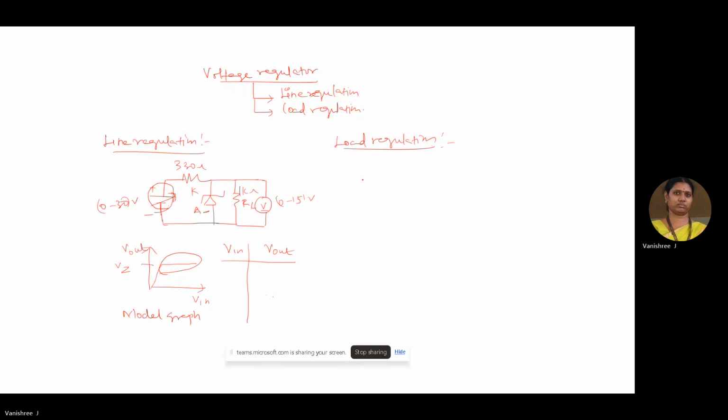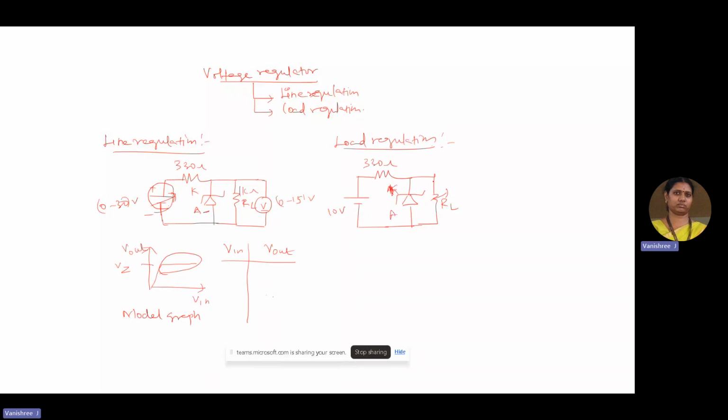Coming to load regulation, with the same connection, we are now going to maintain the input voltage constant, say for example 10 volt, and we are going to make changes in the load resistor.